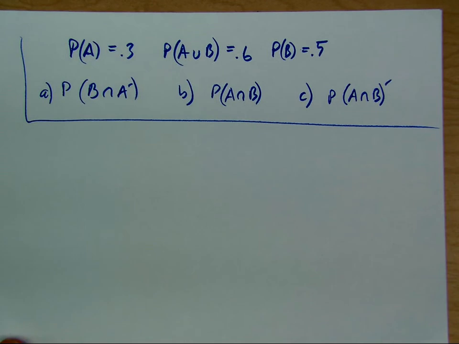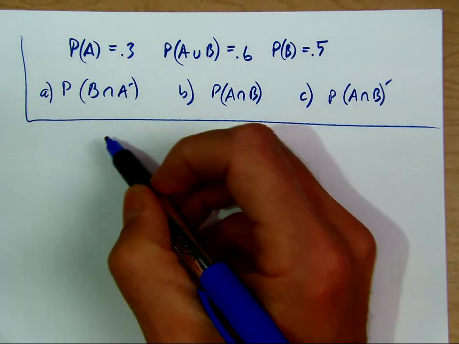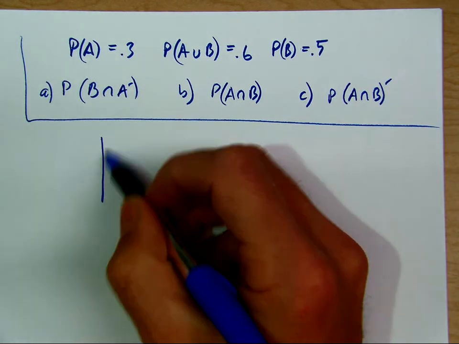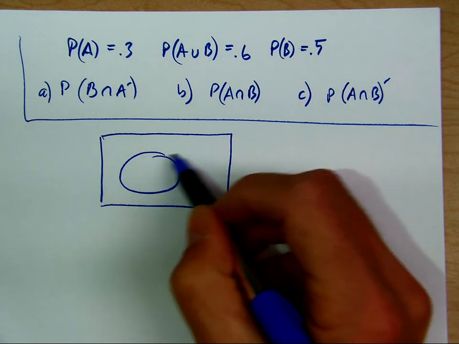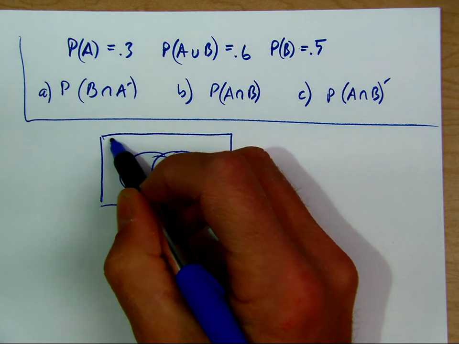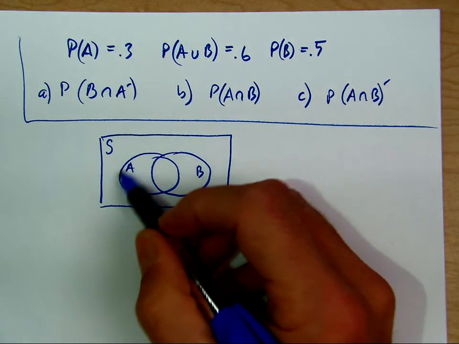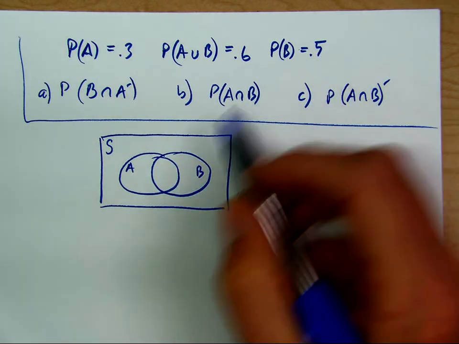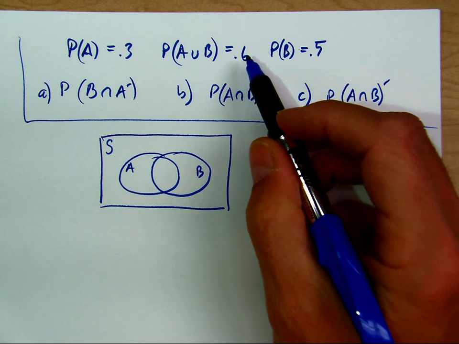All right, pause the video and try this one. Let's draw the Venn diagram. All of A is 0.3 and all of B is 0.5, but altogether it's 0.6.